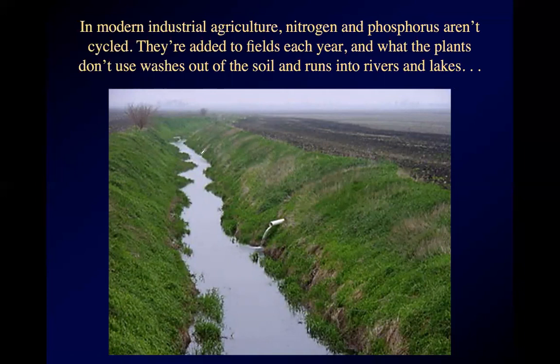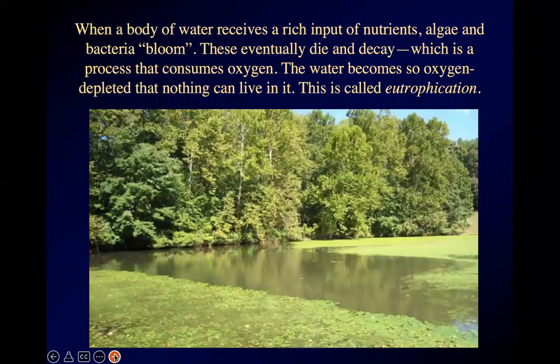Those ditches will ultimately feed into maybe a small river or a lake. The lake or the small river will drain into a larger river and ultimately out into the ocean.